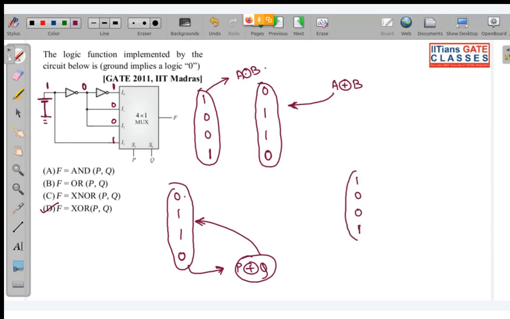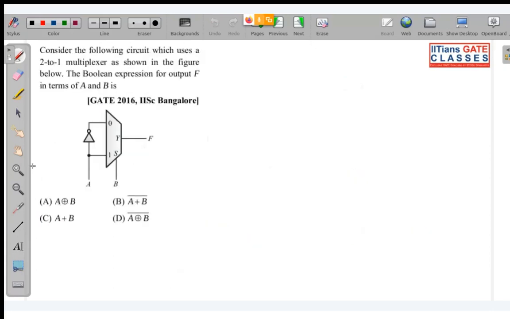So check for which logic gate your output corresponds to this. If you have P XNOR Q, your output will be this. So then if there was a voltage source, option C would have been your correct answer. Chandana, now is it clear? Tell me yes or no. Okay, fine. So next question, tell me very quickly.